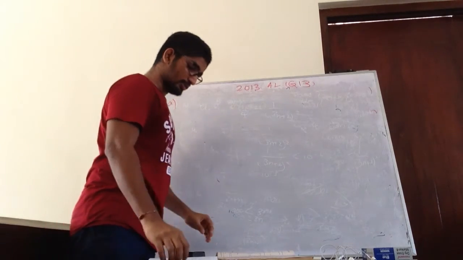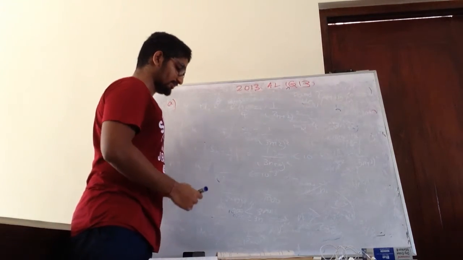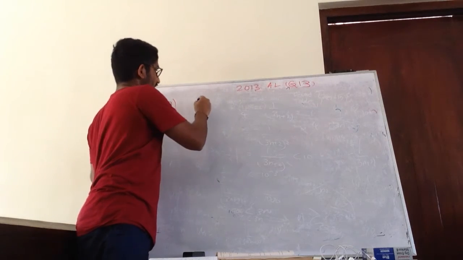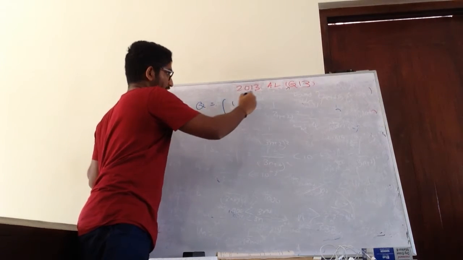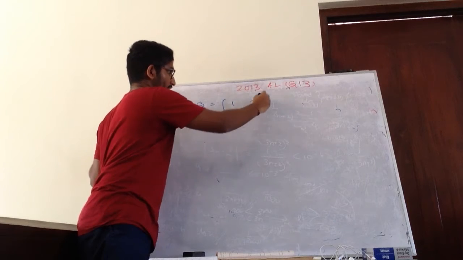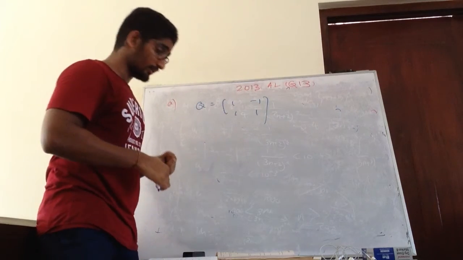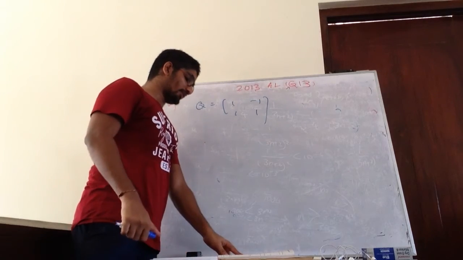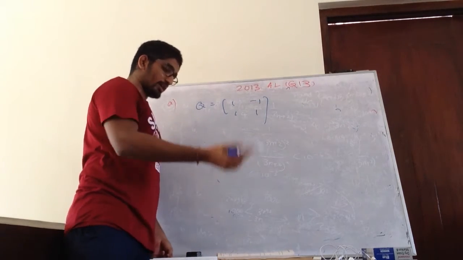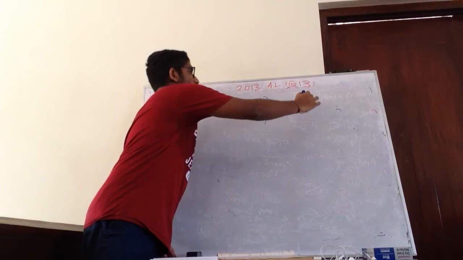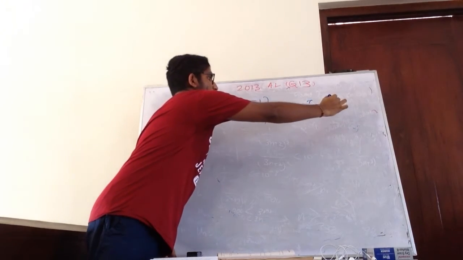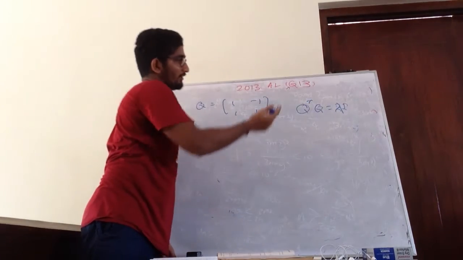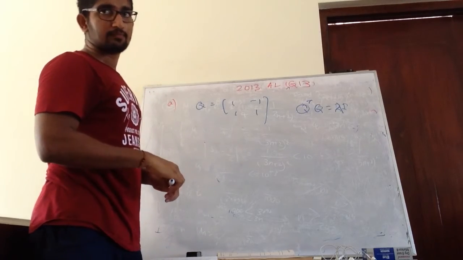They are saying there is a cube which is [1, -1; 1, 1]. They are asking to find the value of lambda where Q transpose Q is lambda I. So we are asked to find lambda.